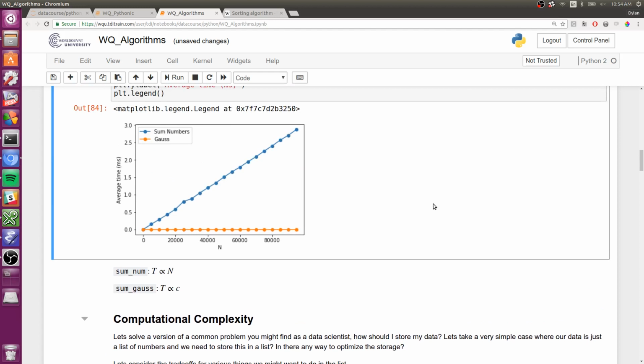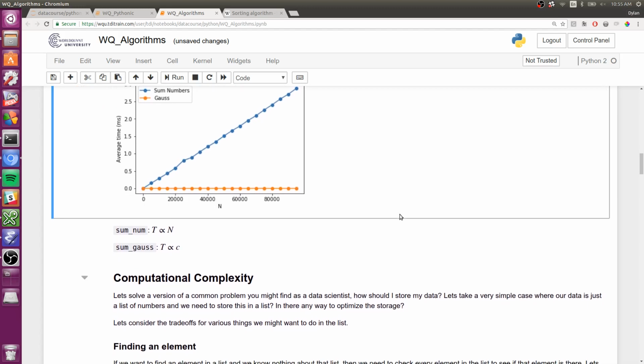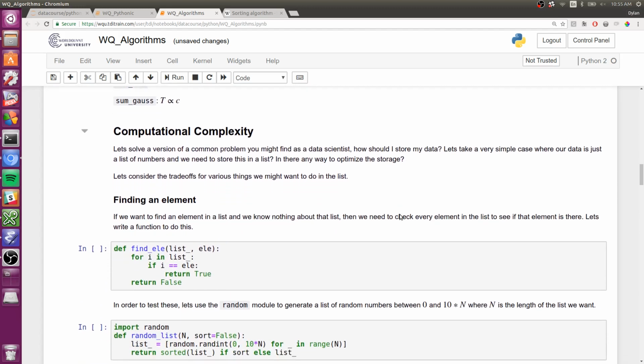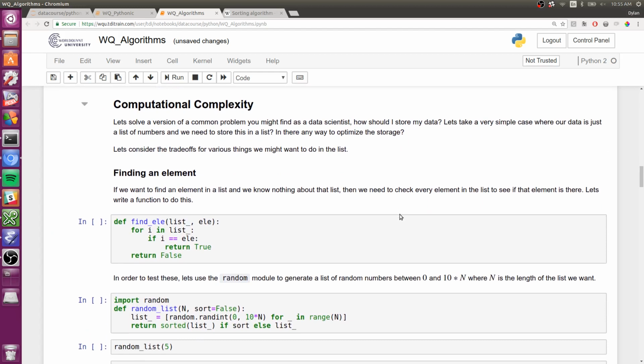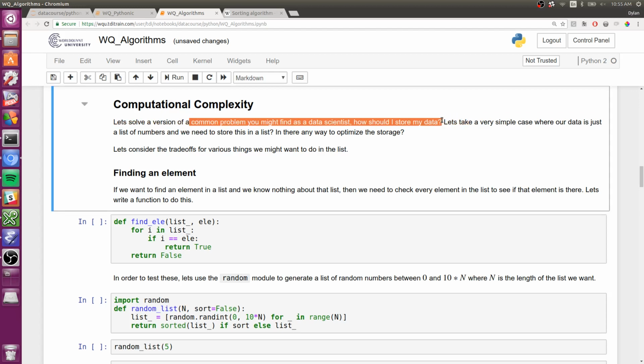So this is a common thing to have to consider with algorithms. How long will it take? And we've already discussed this in the context of data structures. So one common problem we'll face is how should I store my data?